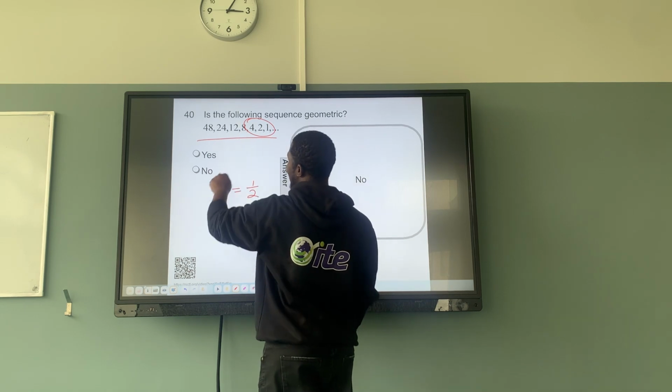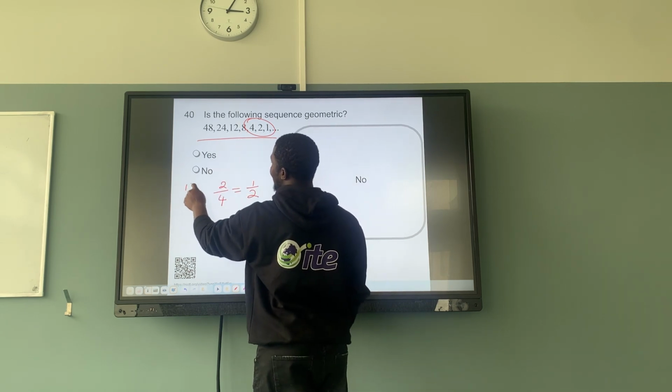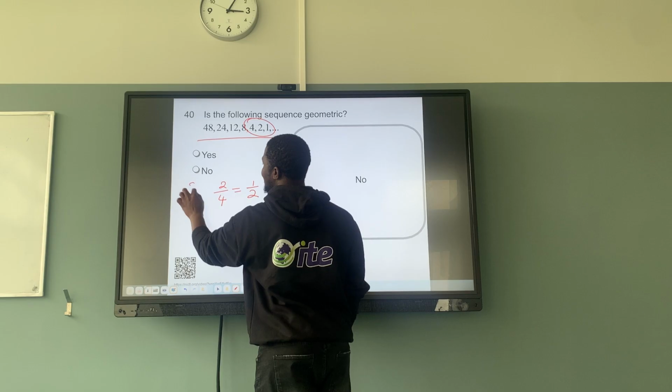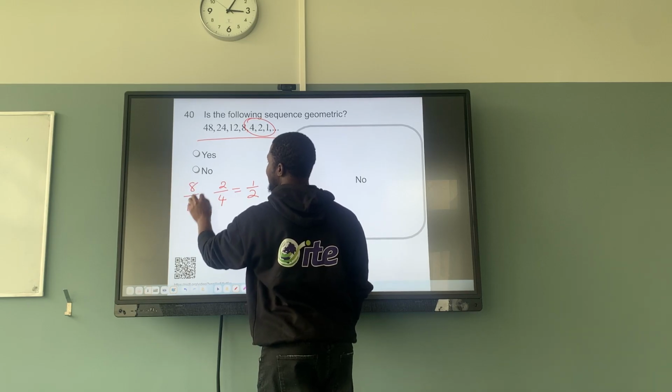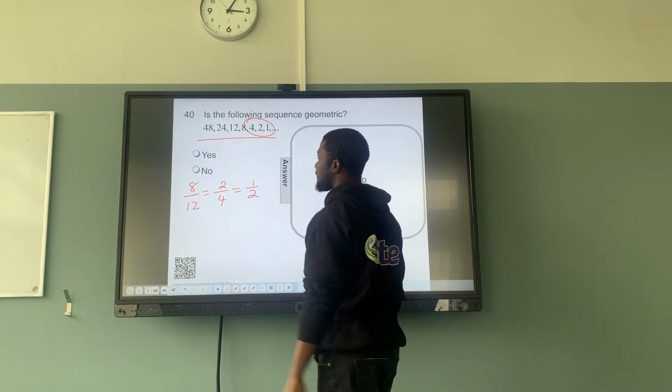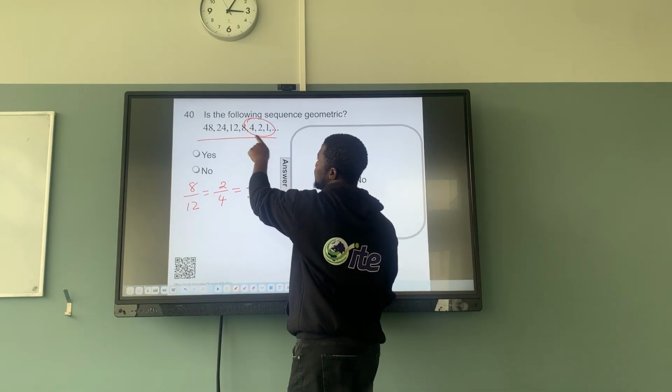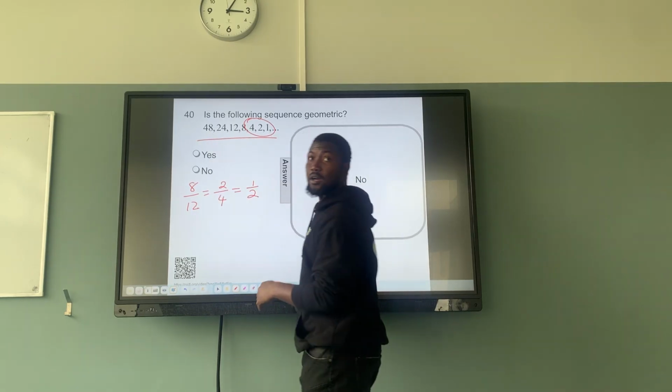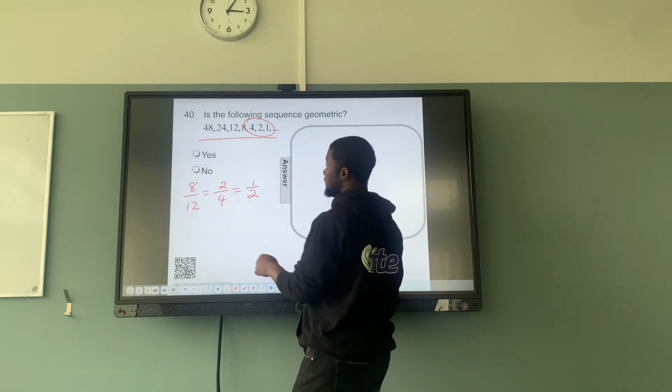But also look at it there. If you have 12, is 8 over 12 the same as this answer? Because this one is true does not mean all of them are true. So you have to test for all the values as well.